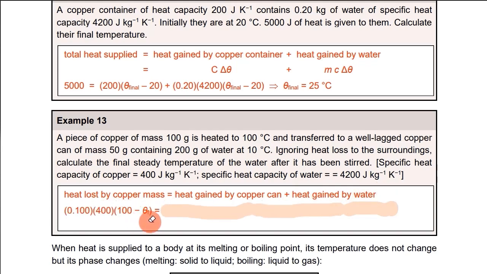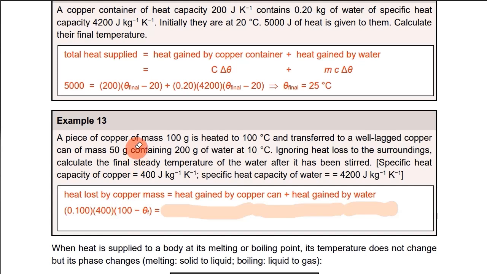Take note that in this delta theta, we use the initial temperature minus the final temperature, because this is heat loss. There's a temperature drop, so the initial temperature is higher.